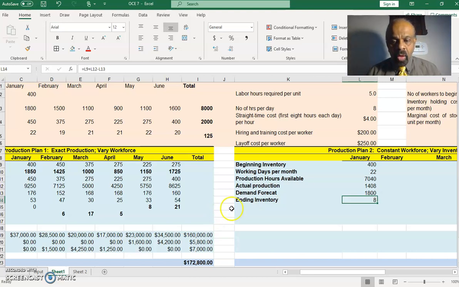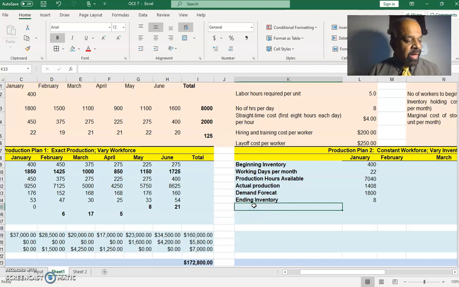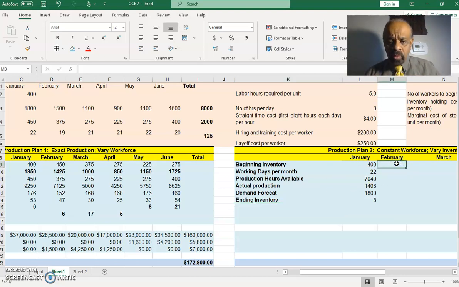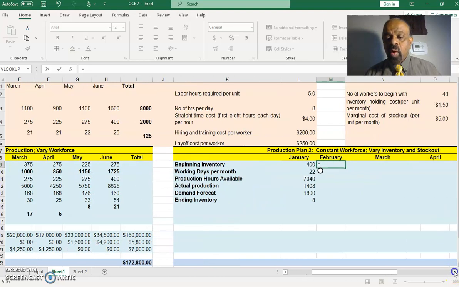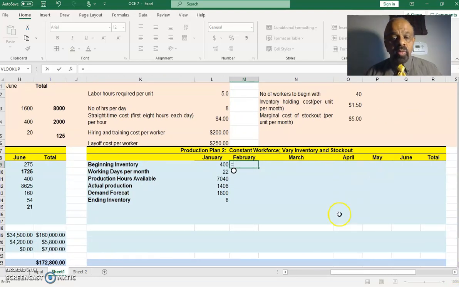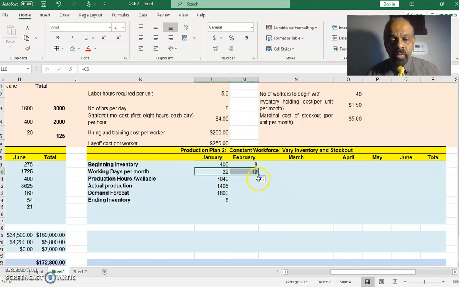Now I want to calculate the excess units and the shortage of units. But before we do that, let's finish up the ending inventory, the beginning inventory and the production for all the months. My beginning inventory for February is going to be my ending inventory from January. For working days, it's given, which is 19.